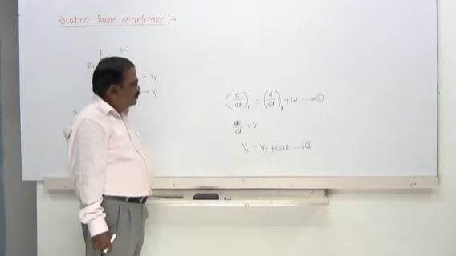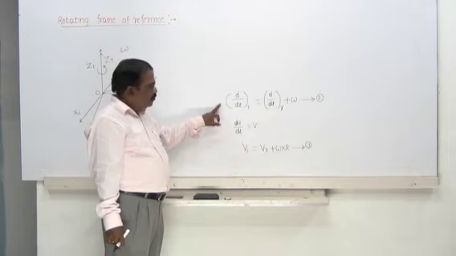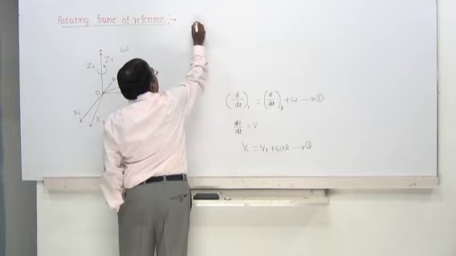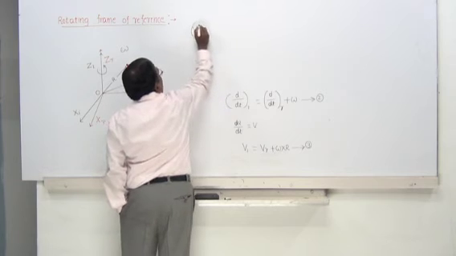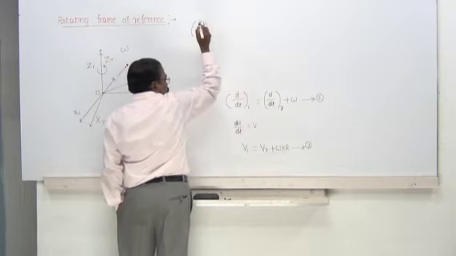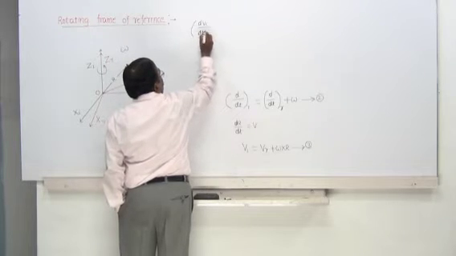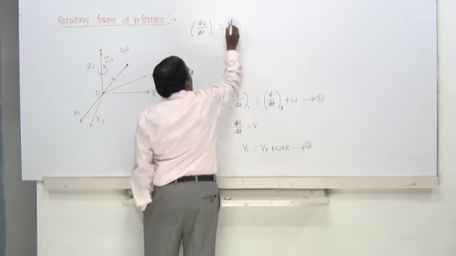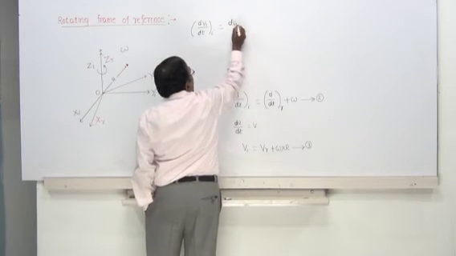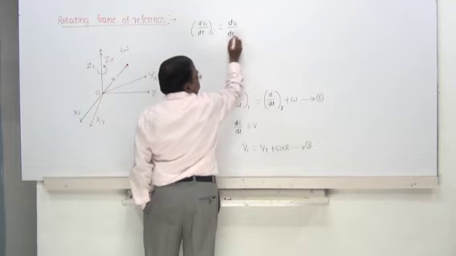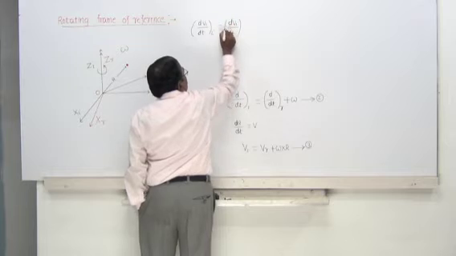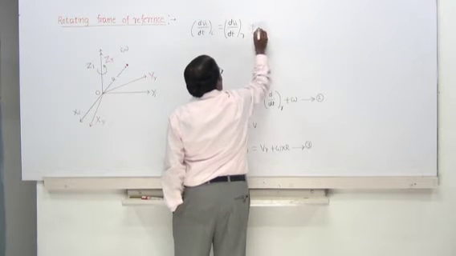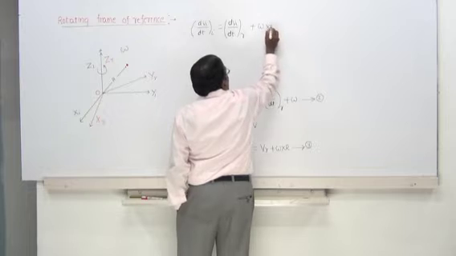Now if you operate equation 2 on the velocity vector Vi, this is dVi upon dt I is equal to dVi upon dt in the rotating frame of reference r, plus omega into Vi.